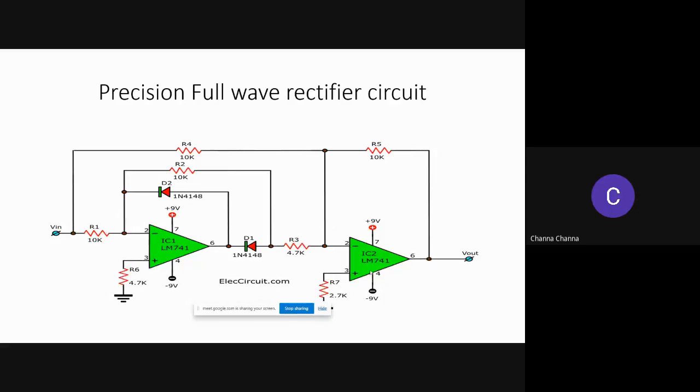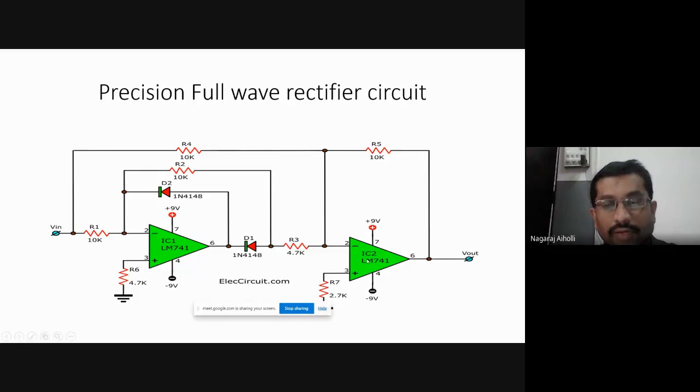Plus, correct, exactly. Minus into minus is plus, and hence at the output of the second op-amp we will get the positive portion of the output. It is a rectified output. If you apply a sine wave input signal here, the output is the rectified portion of the applied input signal. So you'll be getting only the positive cycles at the output.